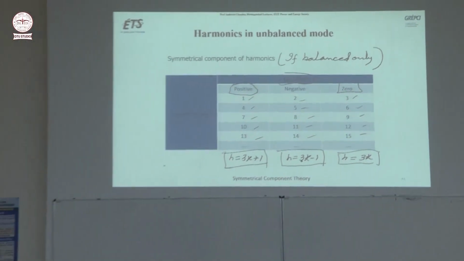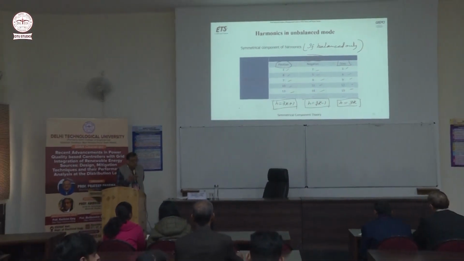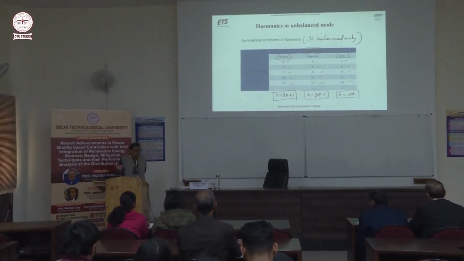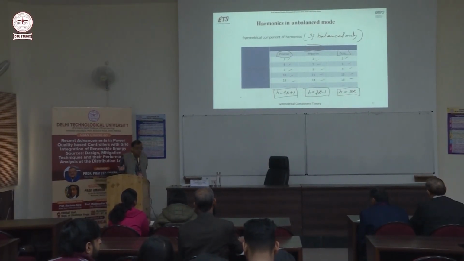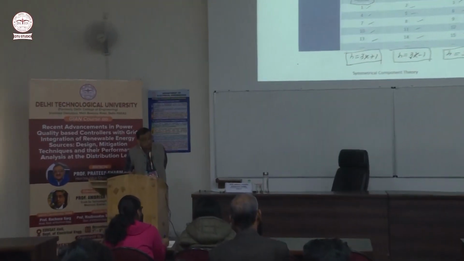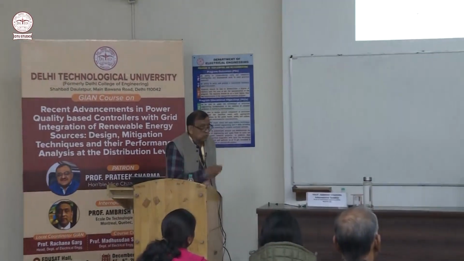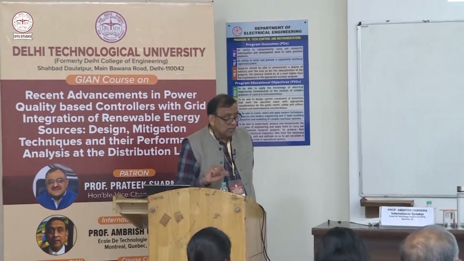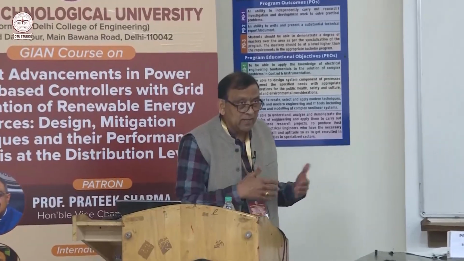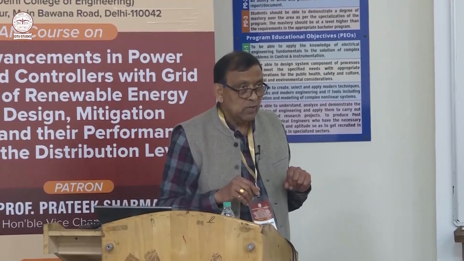If k is equal to 8, 3 multiplied by 8 is 24, plus 1, so it will give you 25. It means the 25th harmonic is a positive sequence. So you don't have to do all those calculations. That is just to verify mathematically if you are right or not.